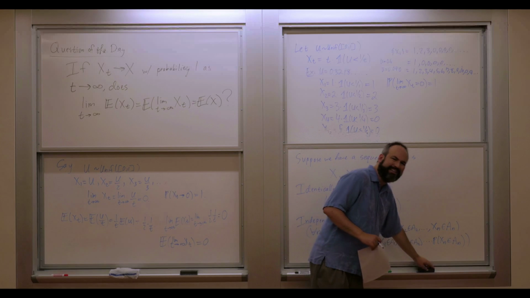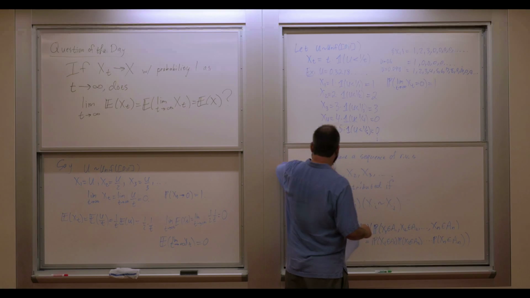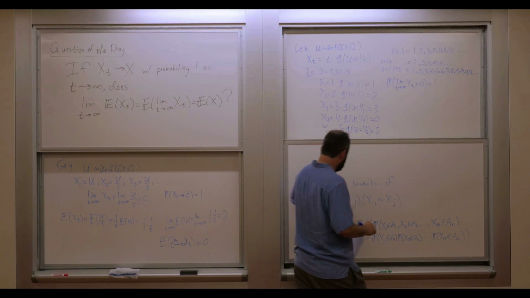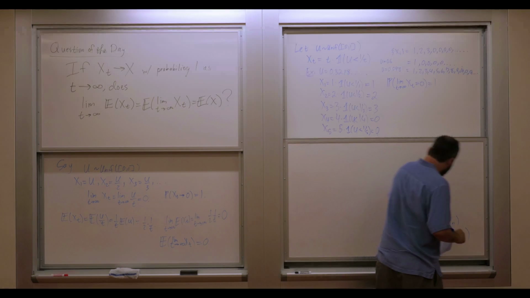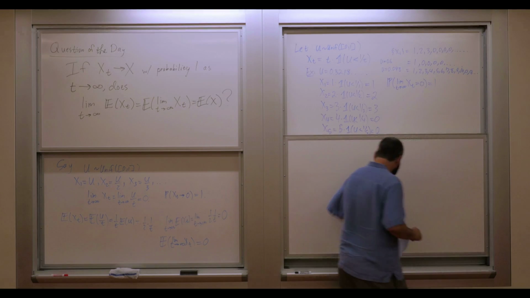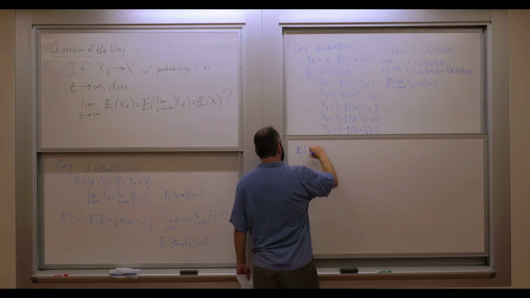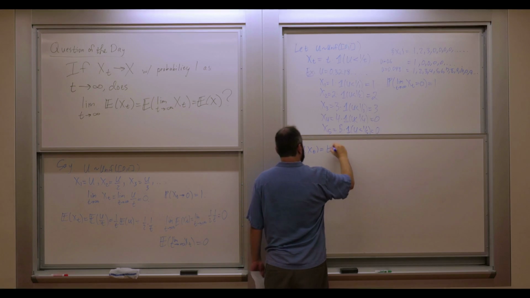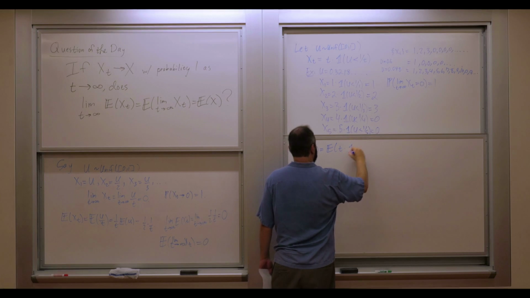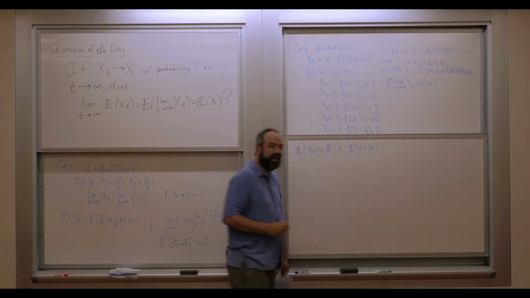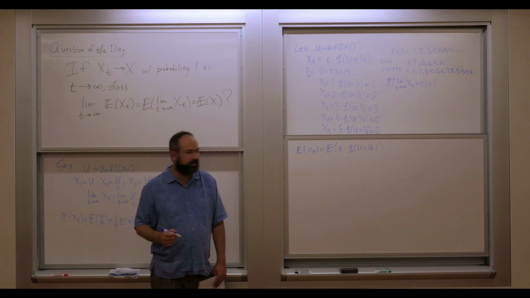What about their expected value? Well, something interesting happens with the expected value. What's the expected value of x of t? This is the expected value of t times the indicator that u is less than 1 over t.